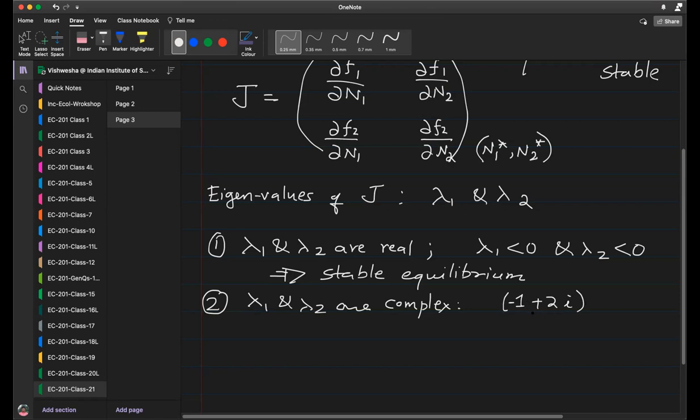Then what you need to do is check if the real part of lambda 1 is less than 0, and likewise the real part of lambda 2 is less than 0. In this case, the real part of this complex number is minus 1, which is less than 0. If both of them are less than 0, again, we have a stable equilibrium.